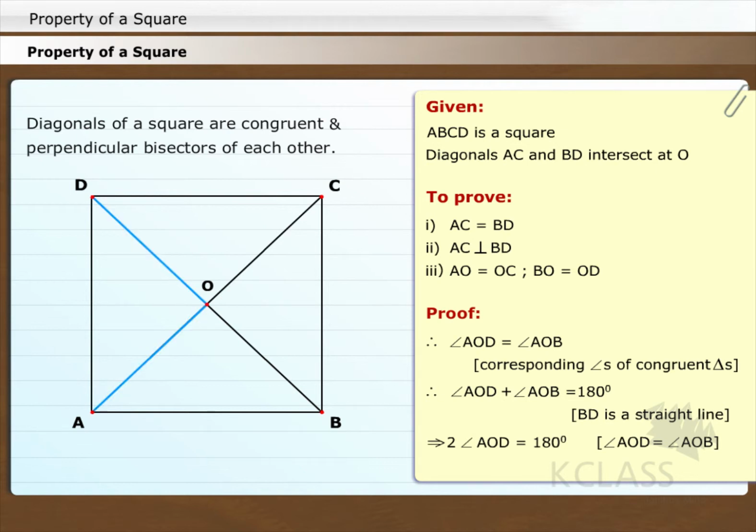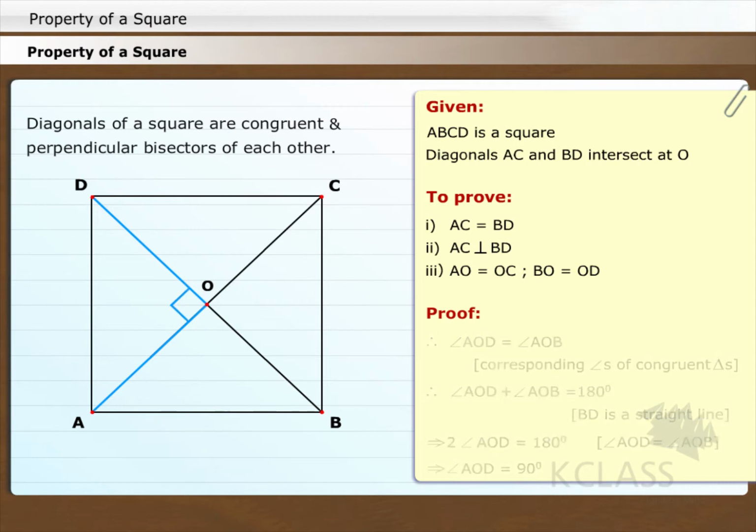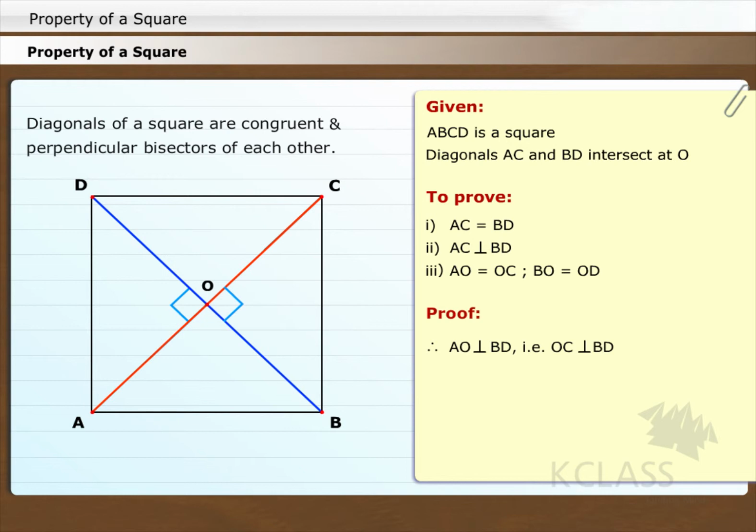Then angle AOD is equal to 90 degree. Therefore, AO is perpendicular to BD. That is, OC is also perpendicular to BD. Therefore, it is proved that AC is perpendicular to BD.